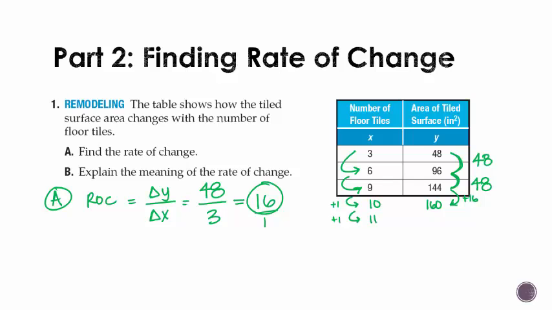We could add 1 over here, we could add 16 over here. But what it means is that for every one more floor tile, we have covered another 16 square inches. So part B means one floor tile equals 16 inches squared of our surface area.